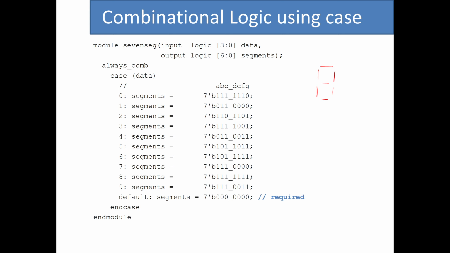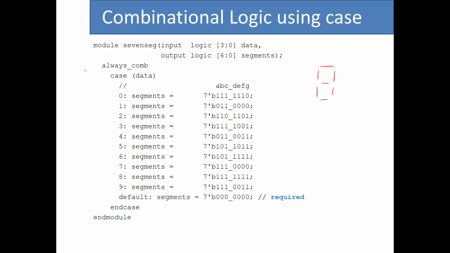For doing that, one way is to come up with all the Boolean functions and then implement them in different modules or in a single module, but that is going to be very cumbersome. Why not put the whole truth table inside the module itself, right? So anytime some data appears as input, you know what you should put for the output, and that's exactly what we wanted to do here.